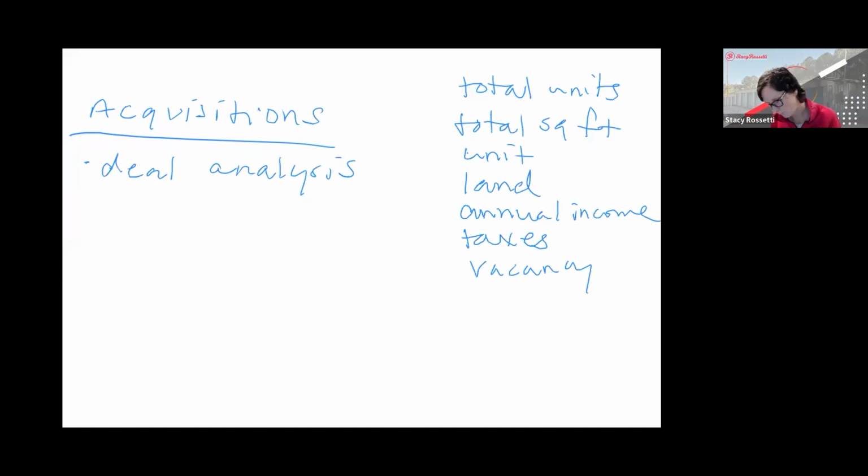All right, and then you also need to be able to put this thing under contract. That means you need some sort of a contract you can use to put offers in, or some sort of an LOI. Sometimes people do LOIs, some people do contracts. I've always just done contracts.